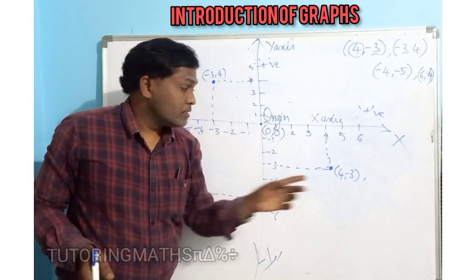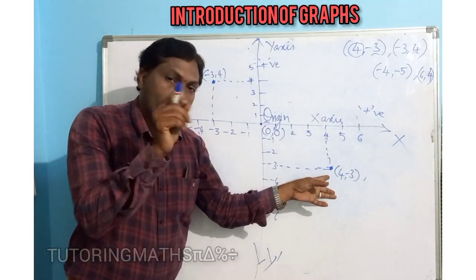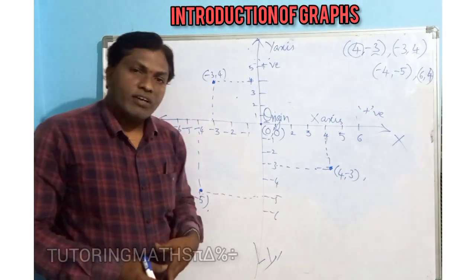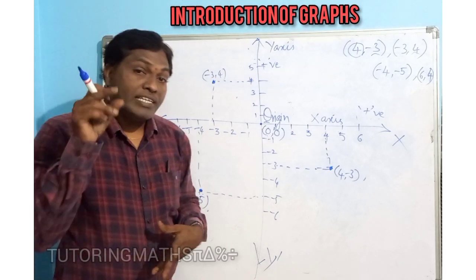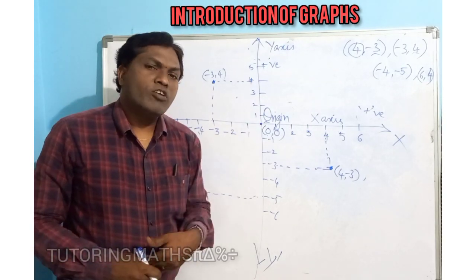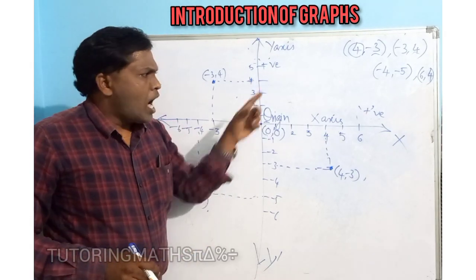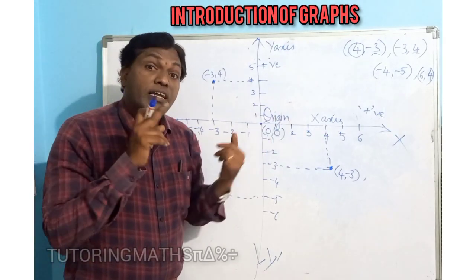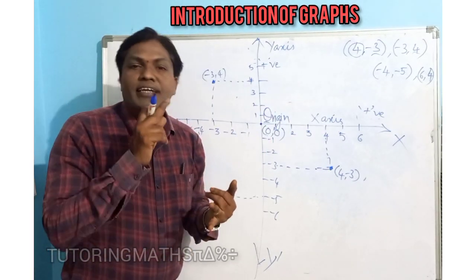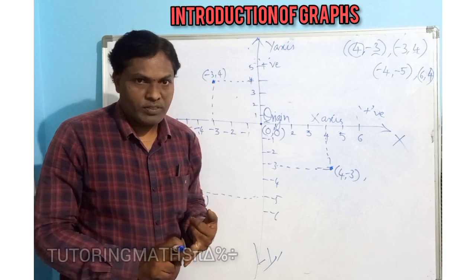That is the place where we plot the point. So this is the concept of plotting the points. In the next concept, we'll discuss how to draw the graph for a linear polynomial and a quadratic polynomial.